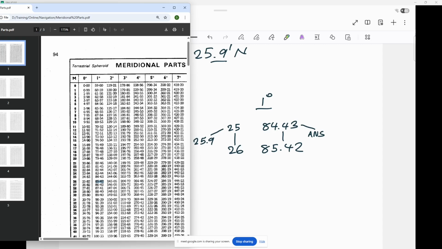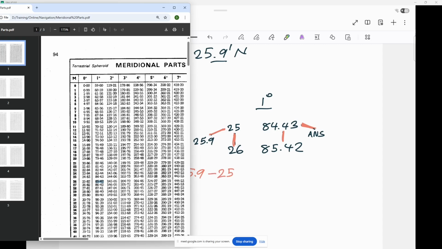So what you have to do, why I draw these two lines, let me use a different color. I draw these two lines just to show you my operation. The first operation, this line, is 25.9 minus 25.